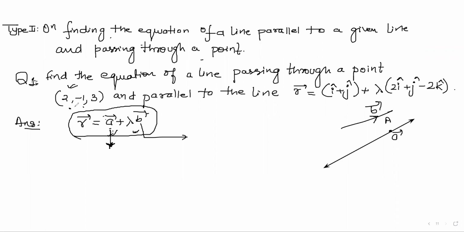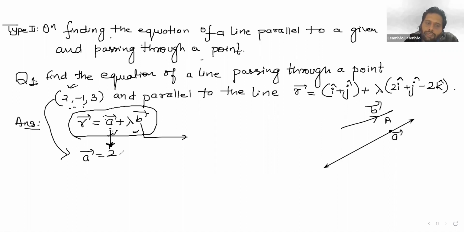Okay, your line is passing through this one. So what is A? The point through which the line is passing. So here we will say that A is equal to 2i cap minus j cap plus 3k cap. What do you further need in this formula to find the equation of a line?